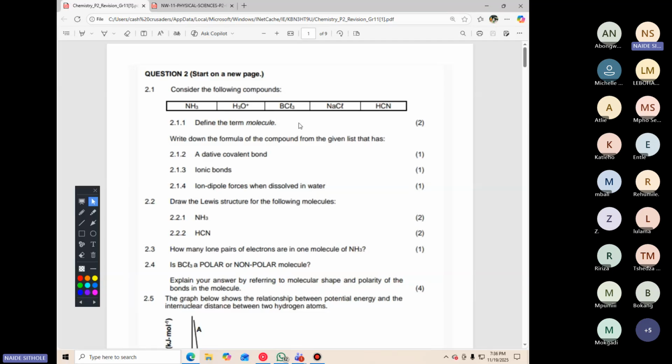Define the term molecule. What is a molecule? Then also define lapho what is a molecule. So let's define.